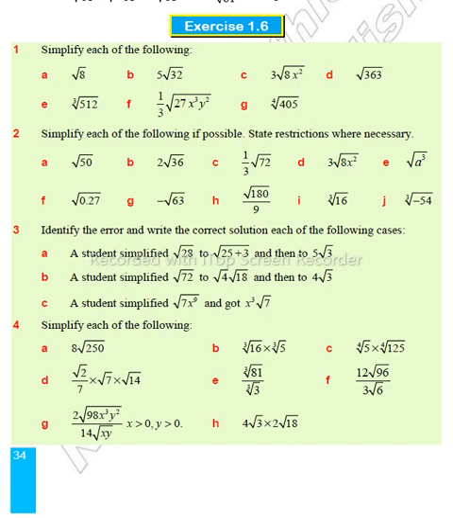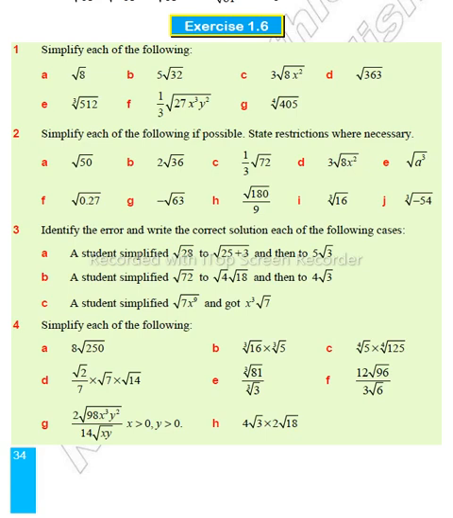Okay, question number 3 says: identify the error and write the correct solution for each of the keys. Question letter A says that the student simplified 28 as 2 times 3 plus 3, and then 2 times 5, and 3 will not come out of the root, square root of 3.